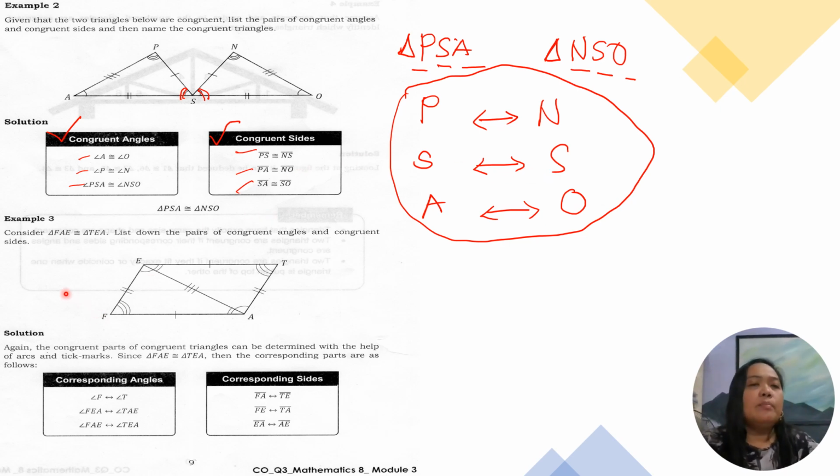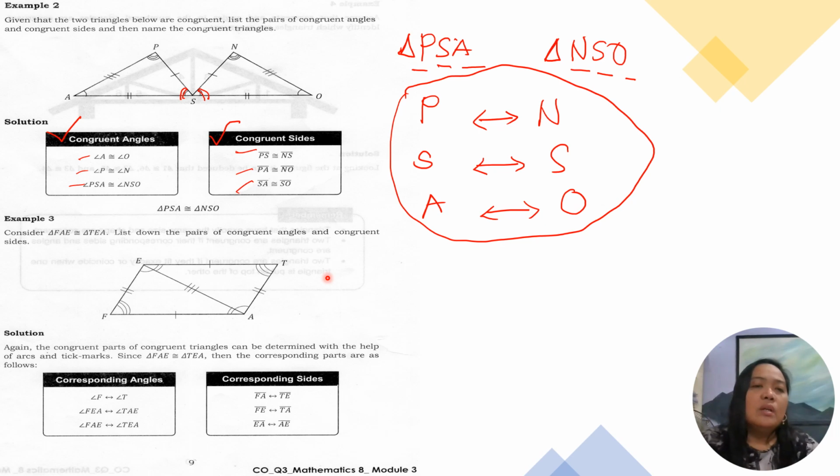Let us go to example number 3. In example number 3, we have two different triangles again. This time, we have here triangle FAE and triangle TEA. Triangle FAE must be congruent to triangle TEA.